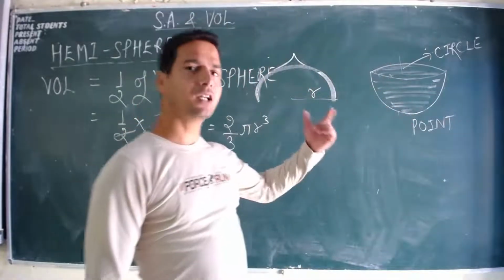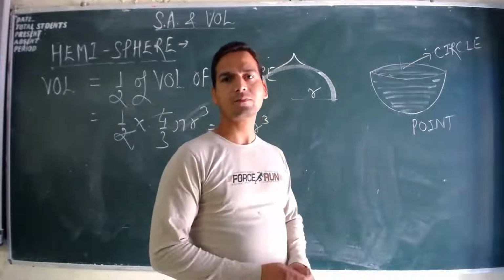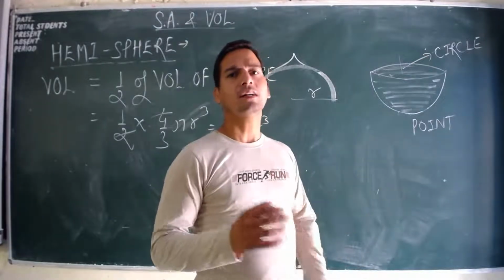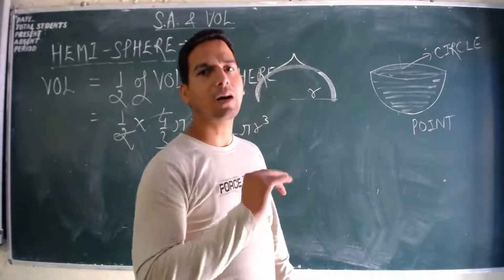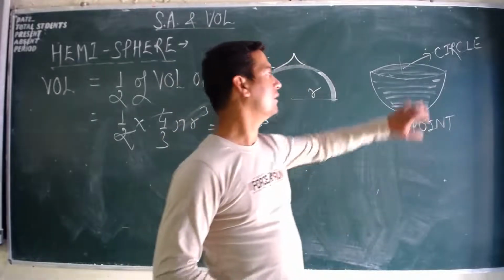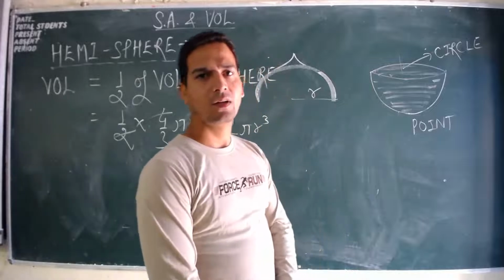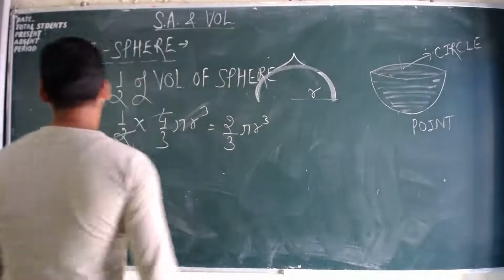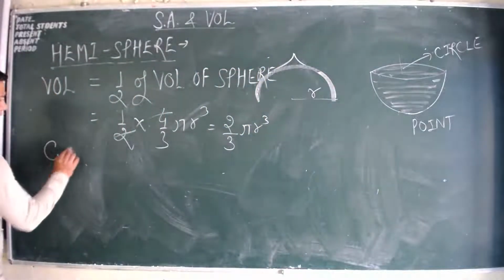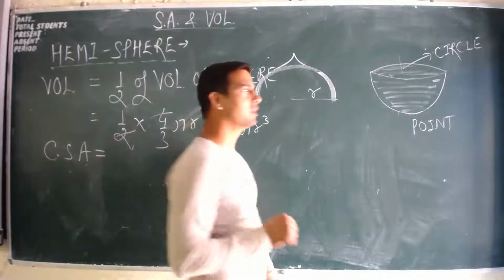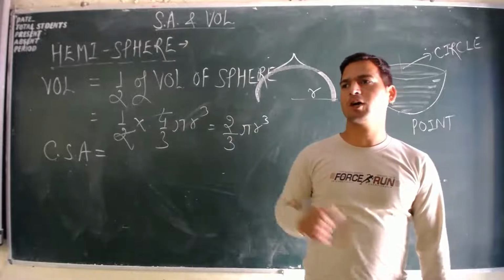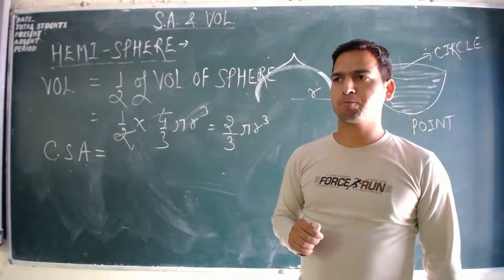So this figure has curved surface area, and this figure has the concept of curved surface area and total surface area, because here the upper or top part is present. So, CSA of hemisphere. How can we find the formula of CSA of hemisphere? Okay.